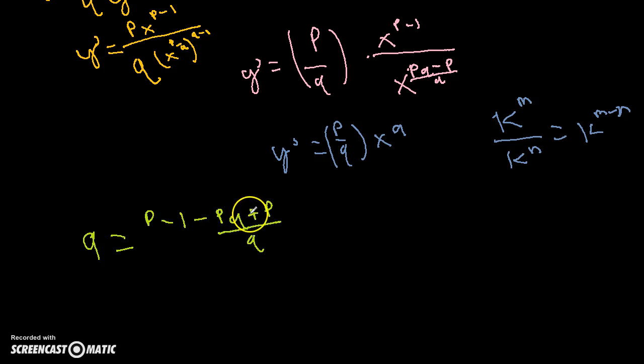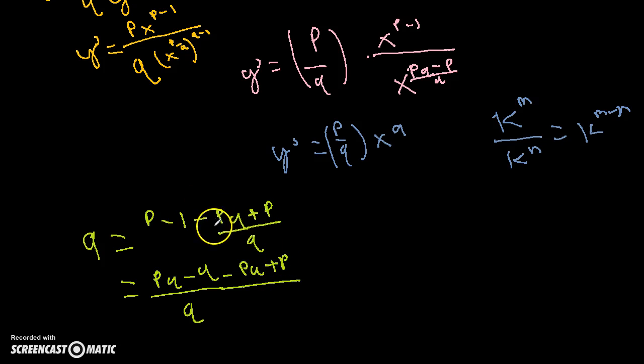So now let's multiply q by this, so that's going to equal pq minus q over q. Then we could have everything over q: minus q minus pq plus p.